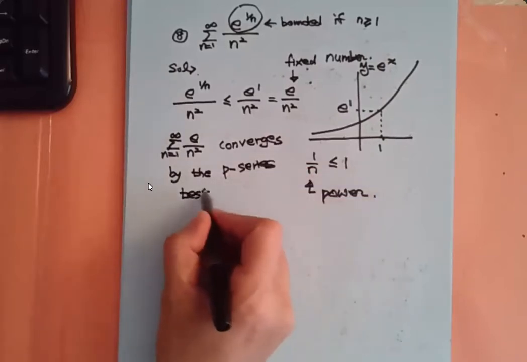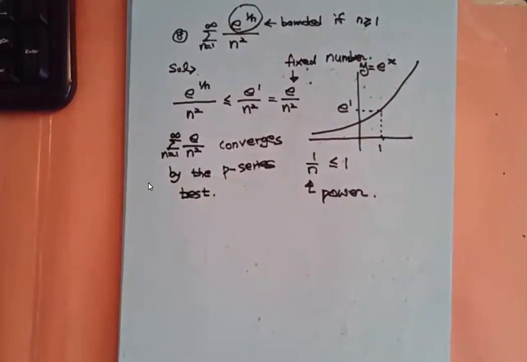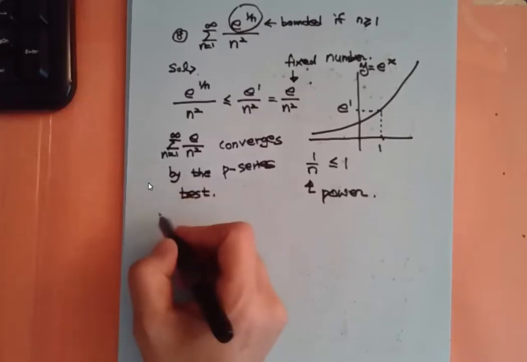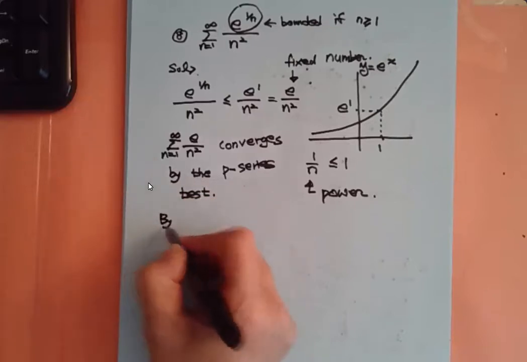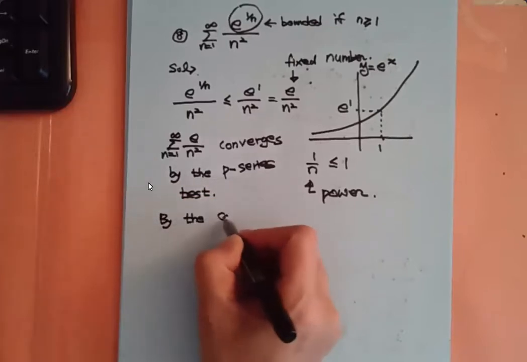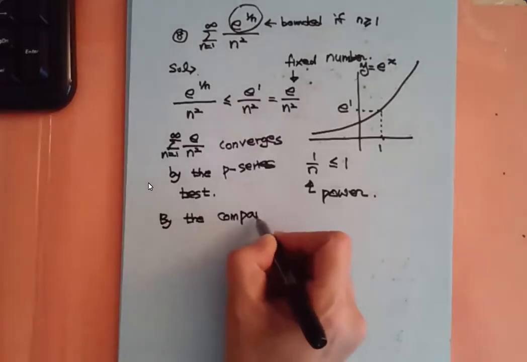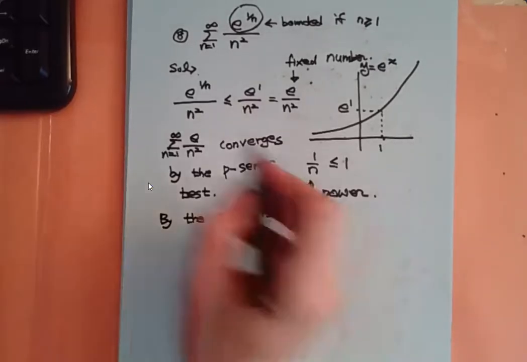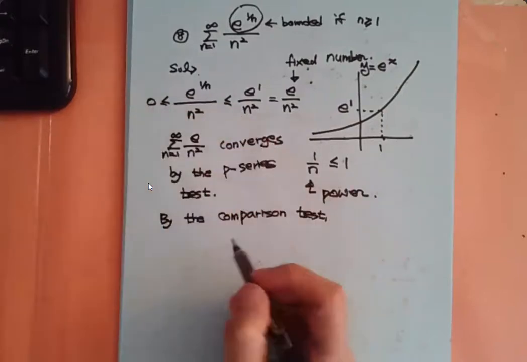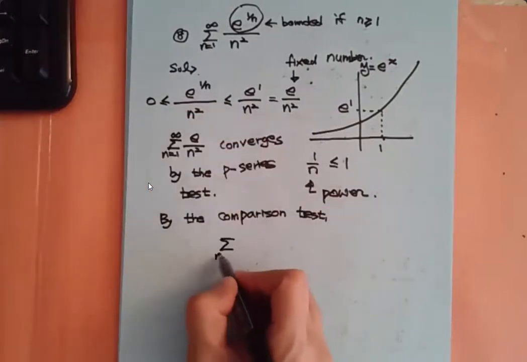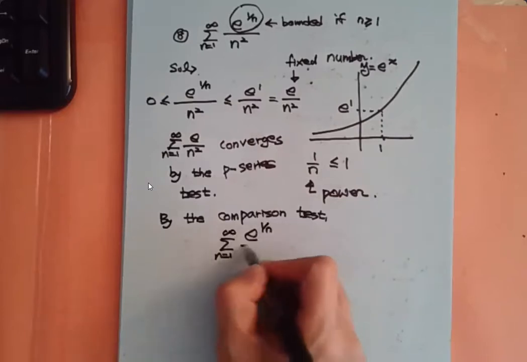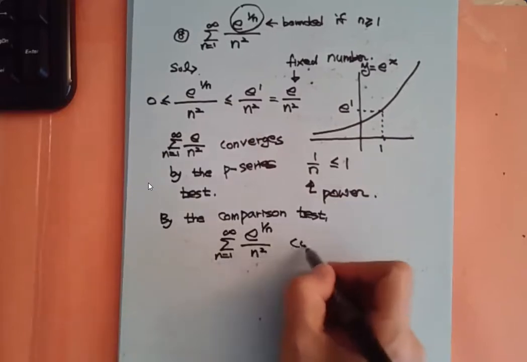If you want, you can mention the integral test also. So by the comparison test, since this is greater than or equal to 0, the summation from n equals 1 to infinity of e to the 1 over n squared converges.